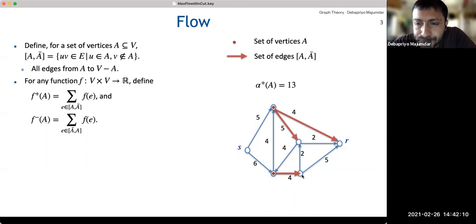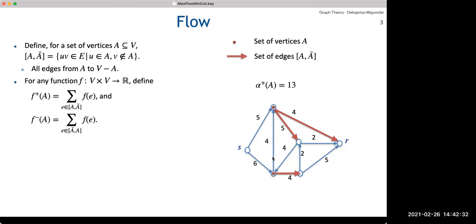Is that clear? Now you tell me what would be alpha minus A. Which ones will be included? This edge will be included, right? Because this is from elsewhere to A. So 5. Will this edge be included? No, this edge will not be included.